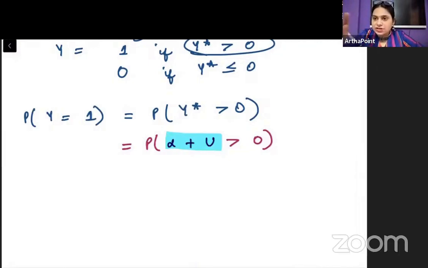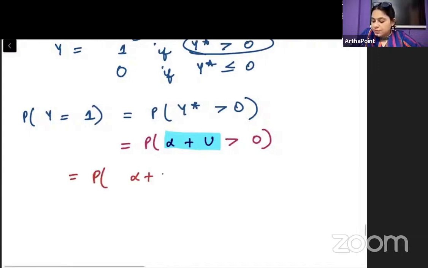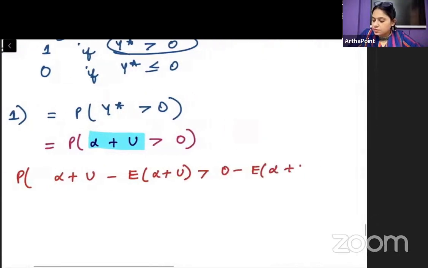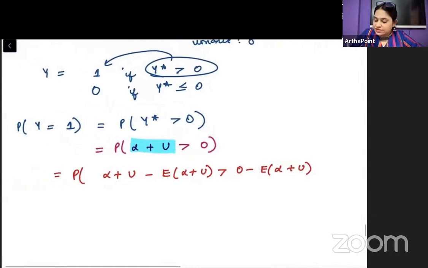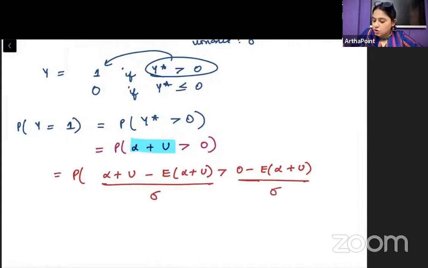And how can I convert this in a standard normal variable format? Very simple. I will subtract its expected value from both sides and I will divide it with its standard deviation of alpha plus u.